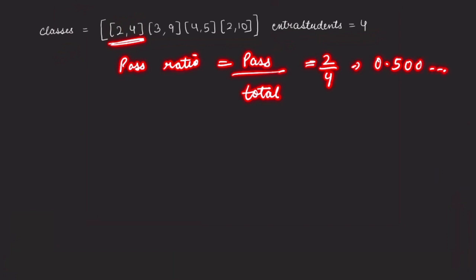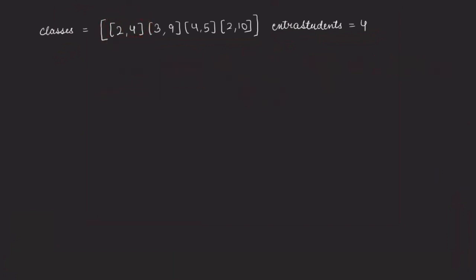So this will be the pass ratio for this particular class, right? Similarly, we will have it for all other classes. Whatever the average of those pass ratios is, that is what we need to maximize. So these extra students have to be assigned in such a way that we maximize the average of the pass ratio of all these classes, right?